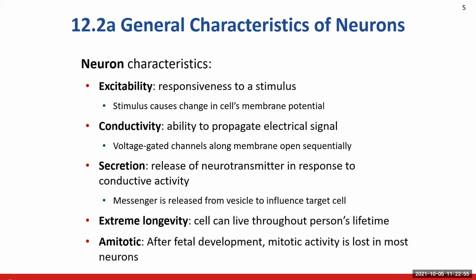Neurons are pretty awesome because they live for a long time. In fact, most of the neurons that you are born with, you will die with. You'll have them forever. So they have a long period of life. They have extreme longevity. The problem is that neurons are amitotic, which means they will not undergo mitotic division.